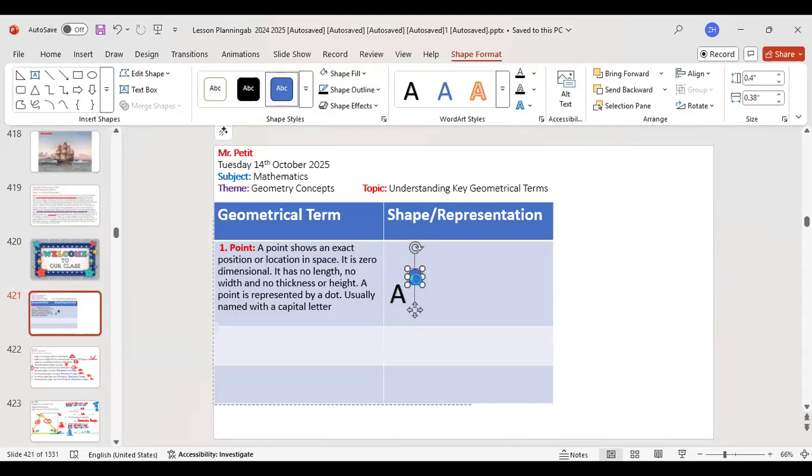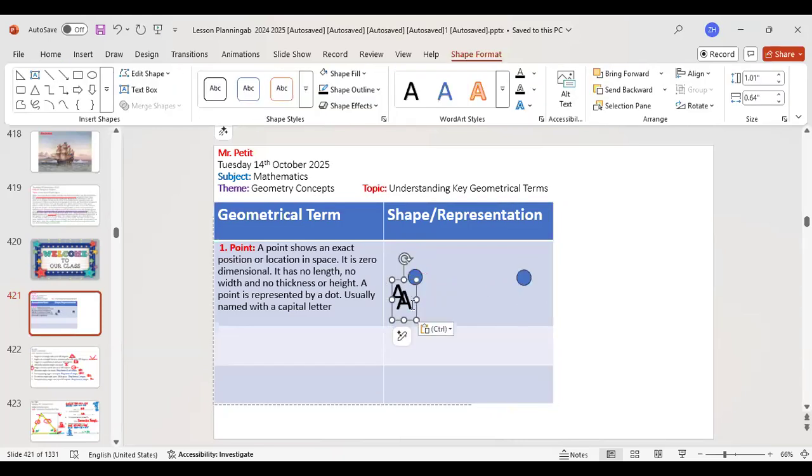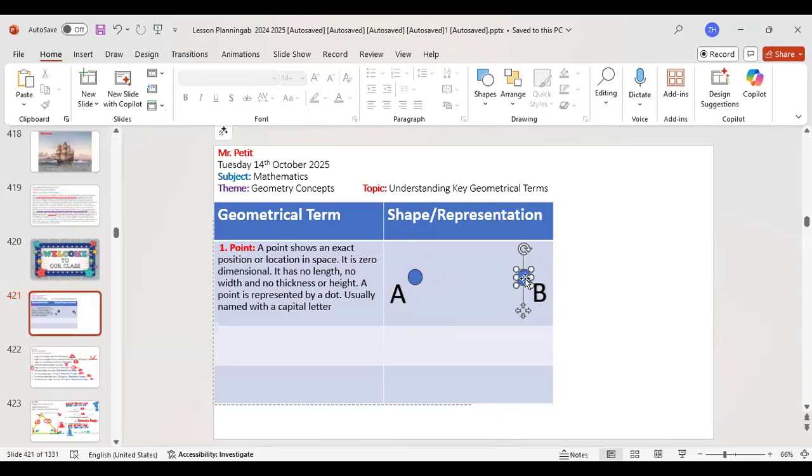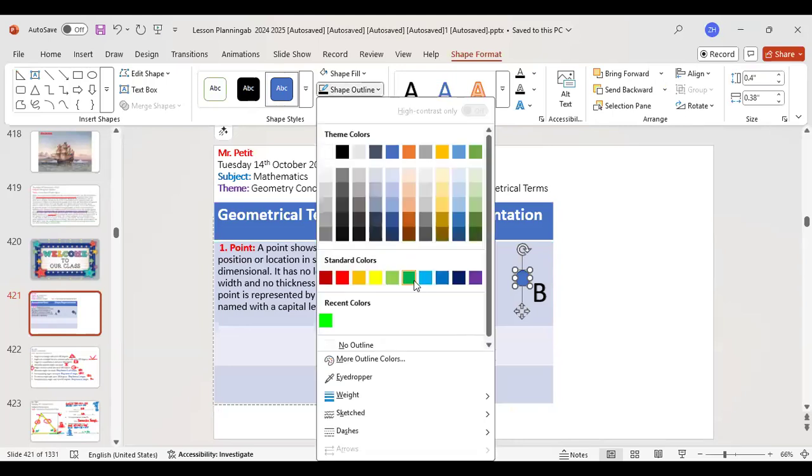And then this is point B. So both of these are examples of points. Let me use a different color, maybe a green.